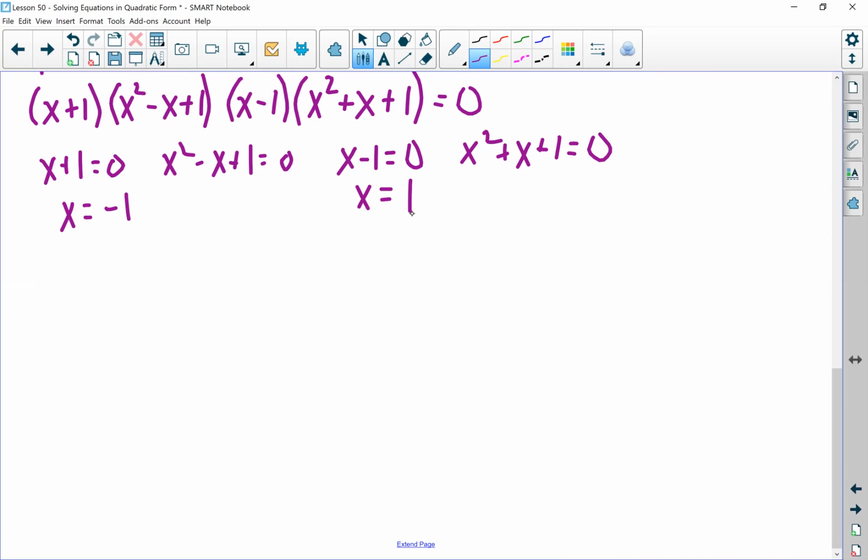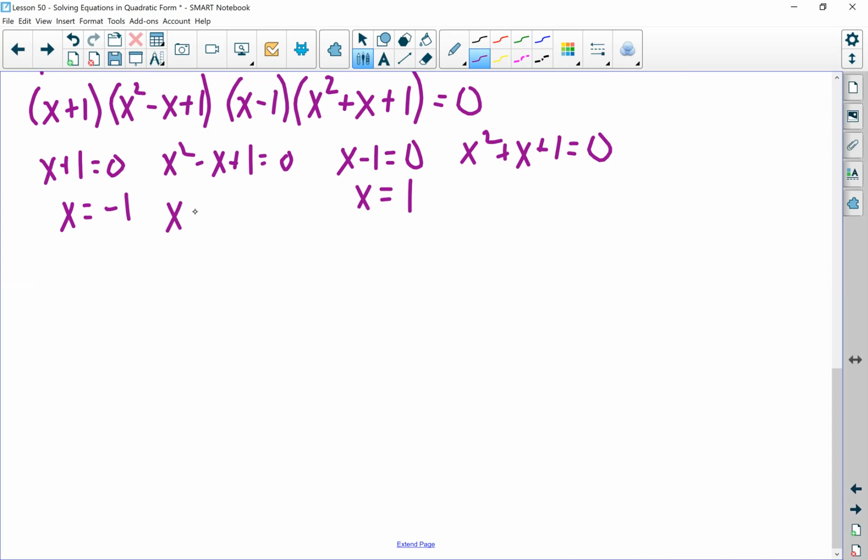When you have a sum or difference of cubes, this second term, the quadratic, has to be solved using the quadratic formula. And the reason it has to be solved that way is you're going to get complex solutions.